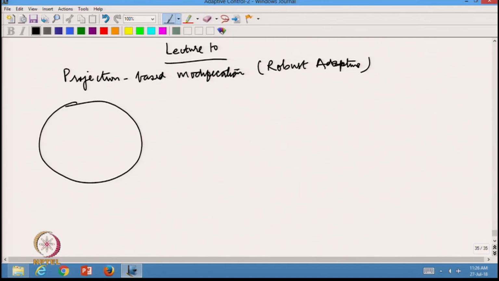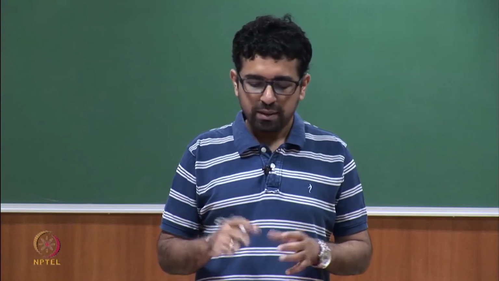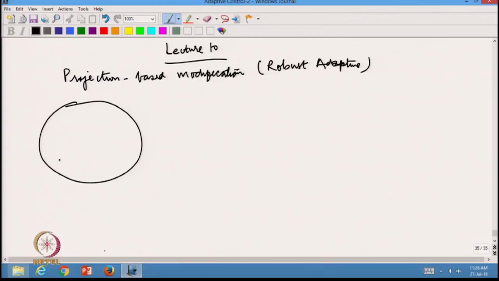And what we have assumed here is that this convex set is known, which means that we have certain information about the unknown parameter say theta. So, we know that the unknown parameter theta lies within this convex set and we are trying to estimate this theta. So, we design update laws for theta and we denote them by theta hat, and because we know this convex region in which this unknown parameter lies, we want to start our updation process from within this convex set.